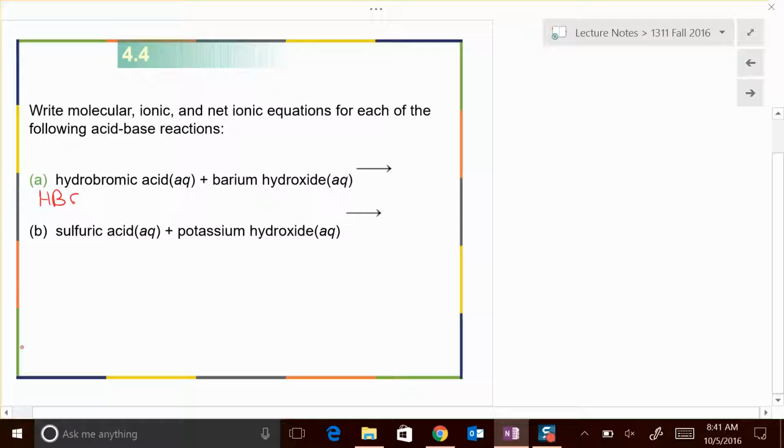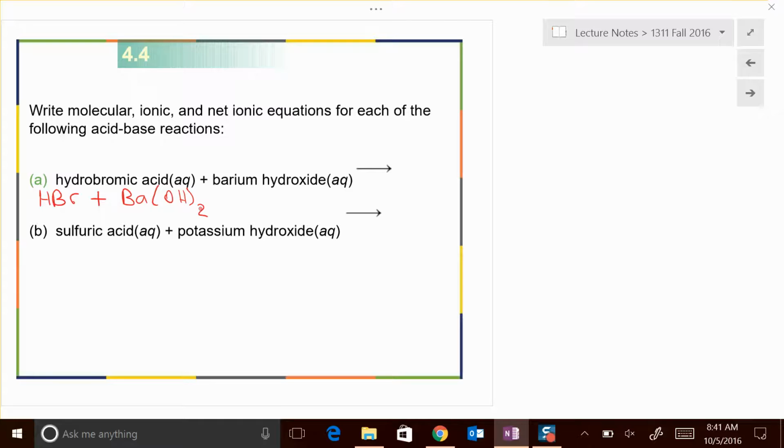Okay? So I have HBr plus barium hydroxide, Ba(OH)2. Okay? Barium has a 2 positive charge. Hydroxide has a -1 charge. So I'm going to have 2 hydroxides for every 1 barium in this form.